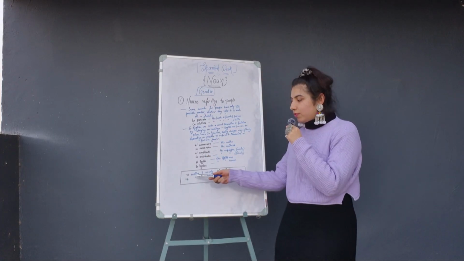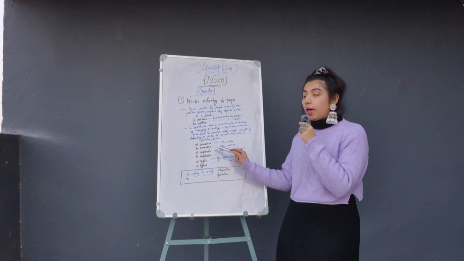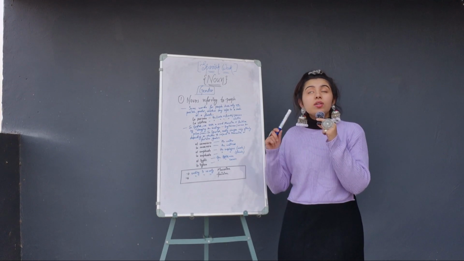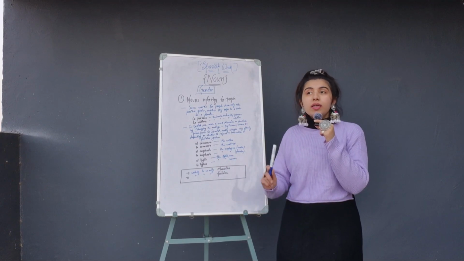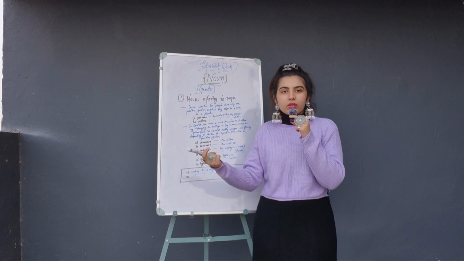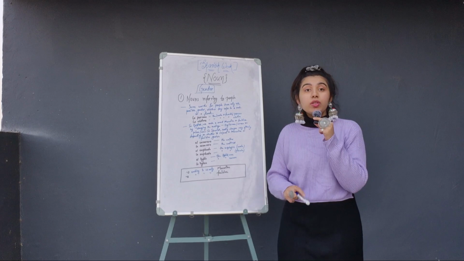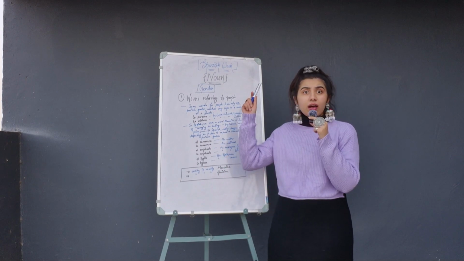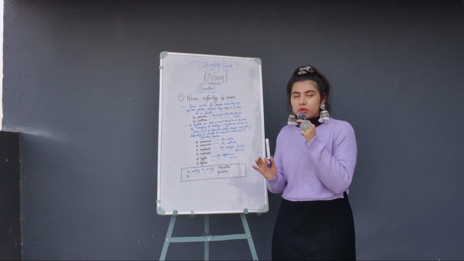If the word ends with o, like camarero, empleado, then it's automatically a masculine one. Usually a masculine noun ends with o, and a feminine noun ends with a, like camarera, reina, empleada. There are a lot.